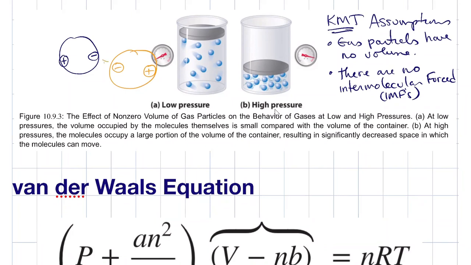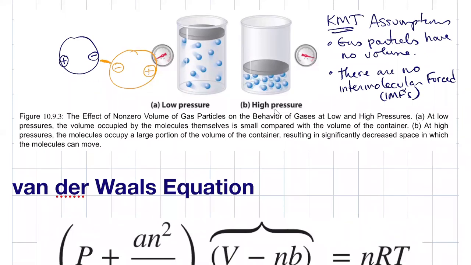So there's going to be a repulsive force between them. That repulsive force is an intermolecular force. On the other hand, if the positive side was closer to the negative side of the neighboring molecule, there'd be an attractive intermolecular force. So these little forces are always existing between particles.